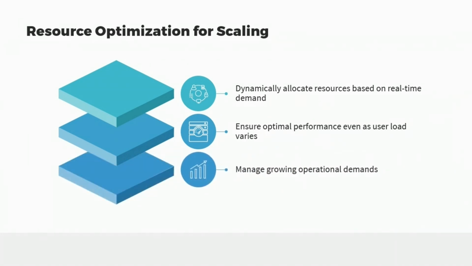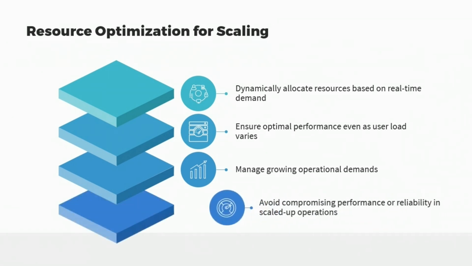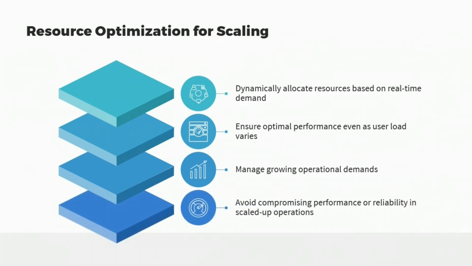Another thing that organizations can do is scale resources and infrastructure in line with business growth to support increased operational demands without sacrificing performance or reliability. And AI operations can help with implementing proactive monitoring and optimization measures to prevent performance degradation or service disruptions at operation scale.